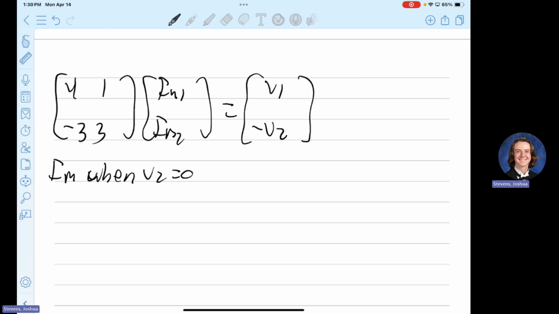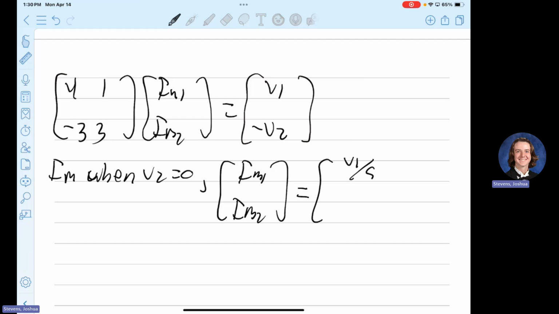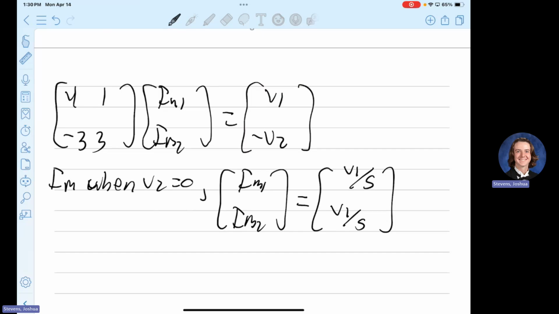when V2 equals 0. So that means IM1, IM2 equals V1 divided by 5 and V1 divided by 5. Literally all I did was, this is A and this is B, and I did I equals A inverse times B. Does that make sense?